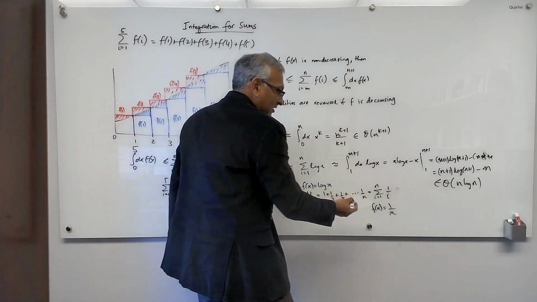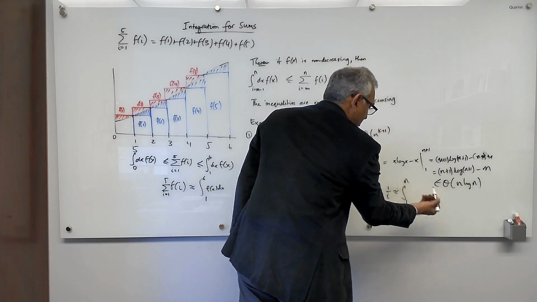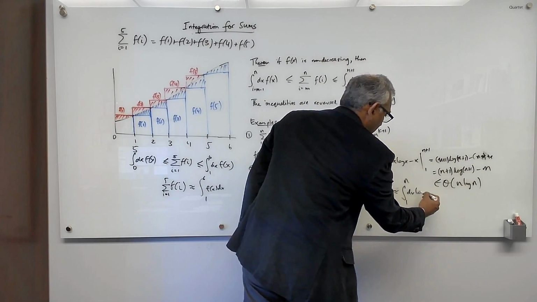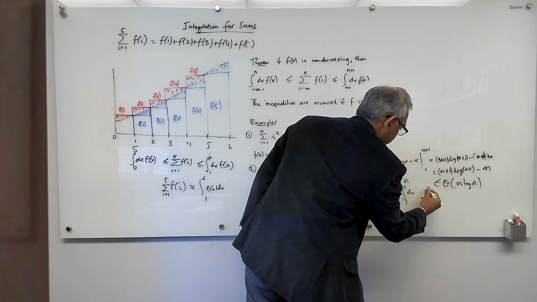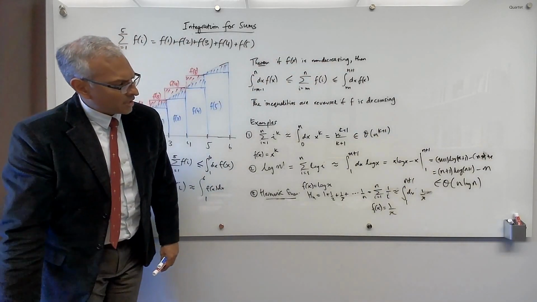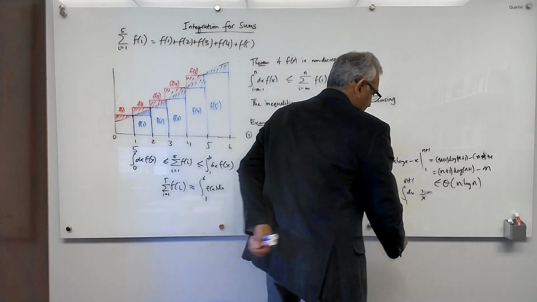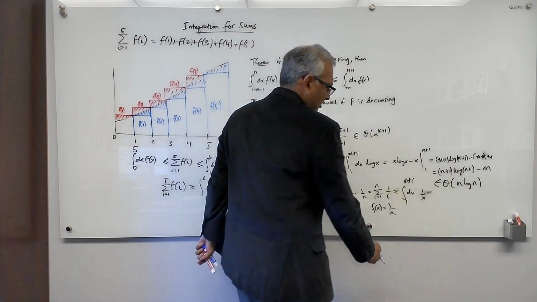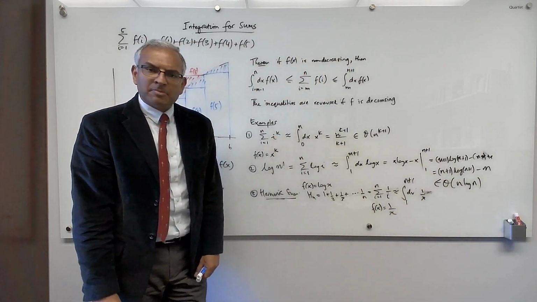But approximately, this is the integral from 1 to n of 1 over x dx. Strictly speaking, to get a lower bound I should integrate up to n plus 1, and if I integrate from 0 to n, I get an upper bound.